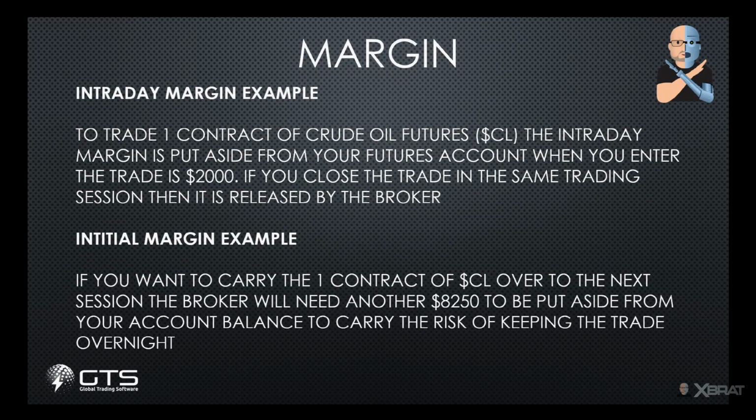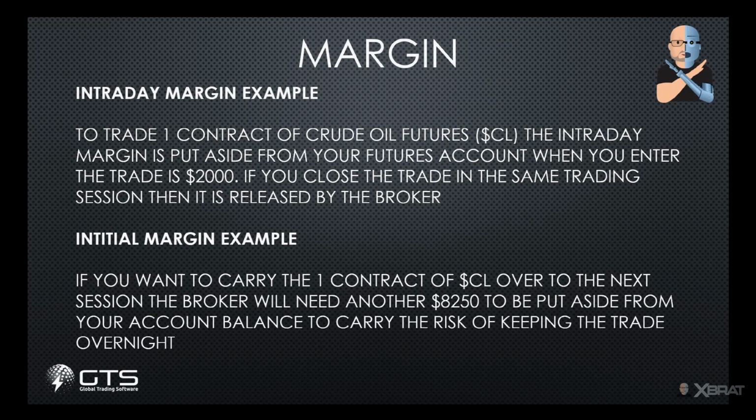So an intraday margin example. To trade one contract of crude oil futures, and the symbol is $CL, the intraday margin put aside from your futures account when you enter the trade is $2,000. Okay, so you need a minimum of $2,000 to trade that one contract of oil during that day.